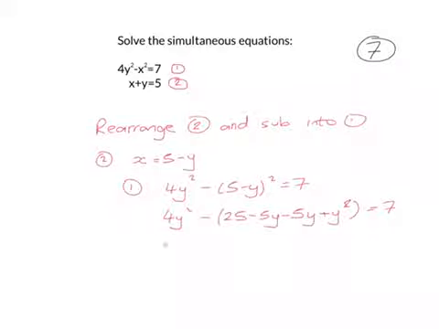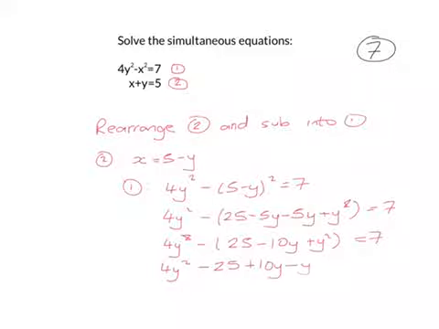So you've got 4y squared minus, you've got your 25, your minus 10y, plus y squared, close your bracket, is equal to 7. Because you're taking that whole bracket away, you want to take away each of the terms. So you've got 4y squared minus 25 plus 10y minus y squared equals 7.